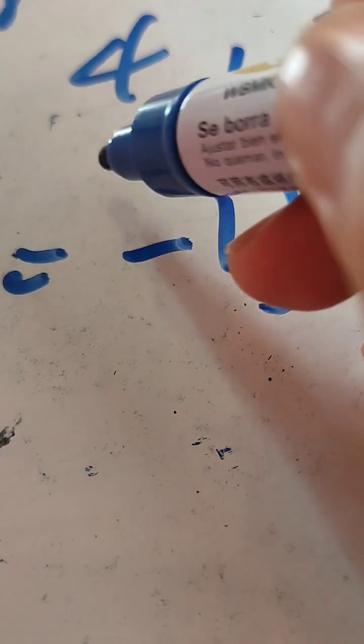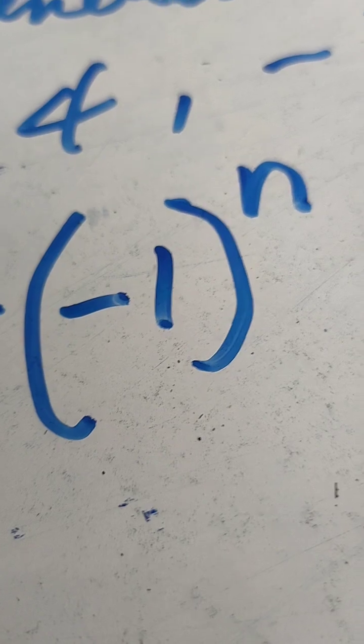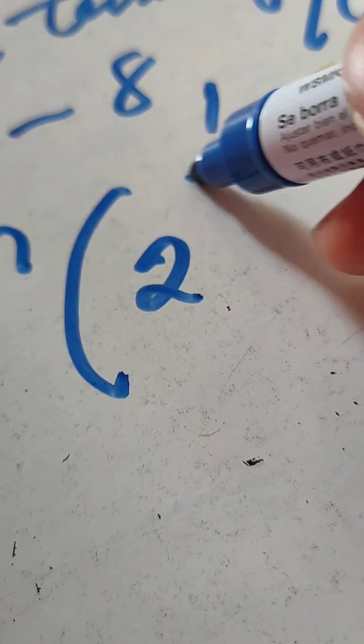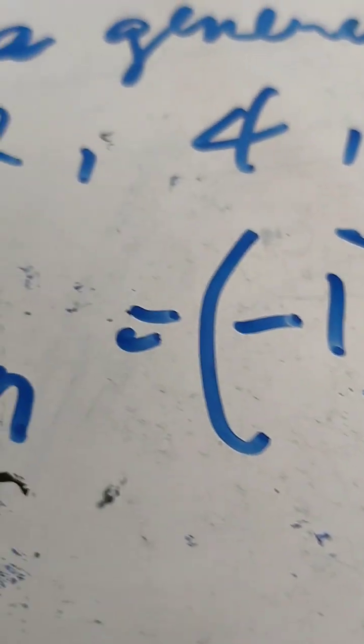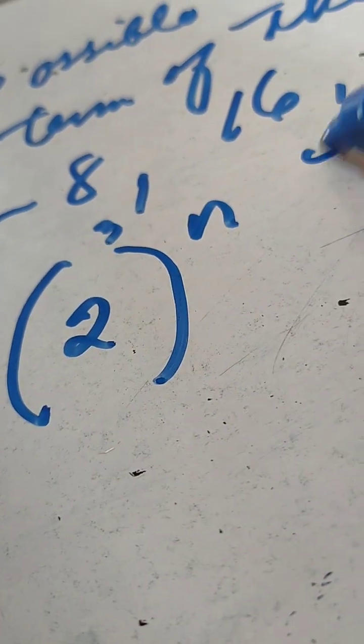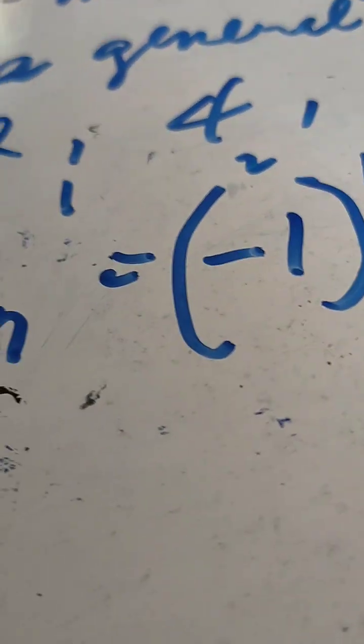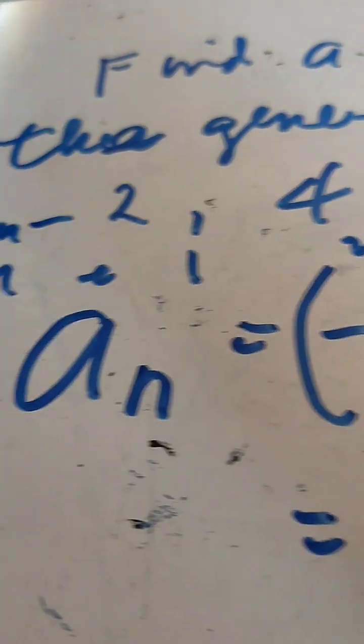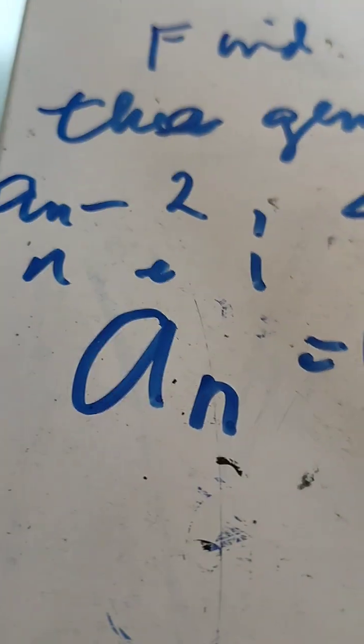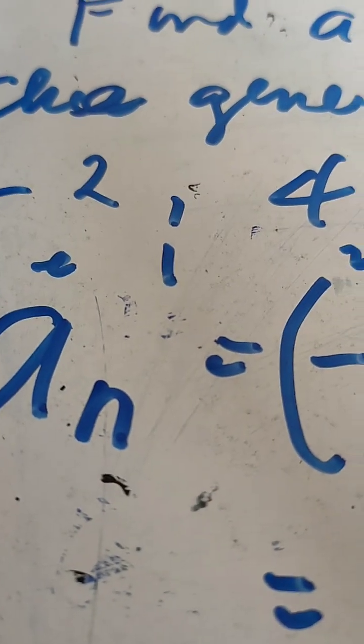negative 1 to the power of n and 2 to the power of n. Because if you only tried it, you know already what your n is, because this speaks of a sub n, and n is the first, second, third, fourth, and so on. So in the first a sub n, the value is negative 2.